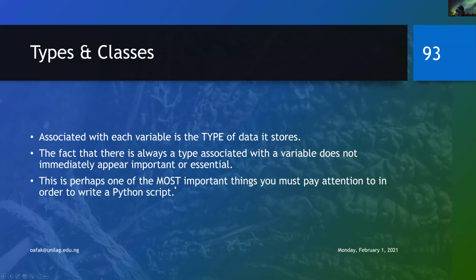When you are writing a program, it's not only important to know that you have an identifier. You need to have an idea of what kind of value that identifier will store, because that is going to determine what kind of operations you can perform and what kind of values it can store. And most of the things you can do with it are hidden in the type or class.